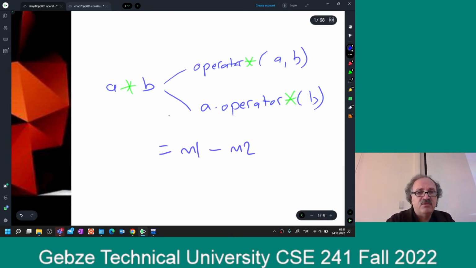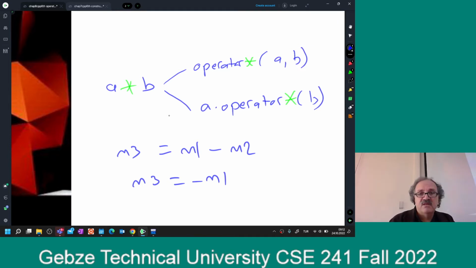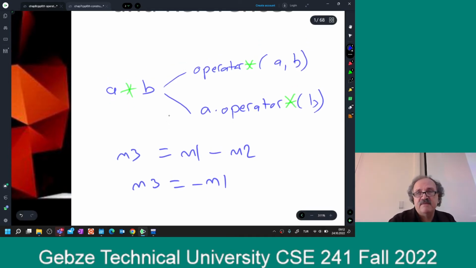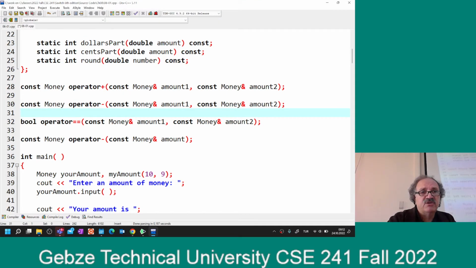And assign it to money three. This will work and is meaningful. How about this? Money three gets minus money one, just a negation of it. This is binary, this is unary. Binary and unary minus operators, so those are different.